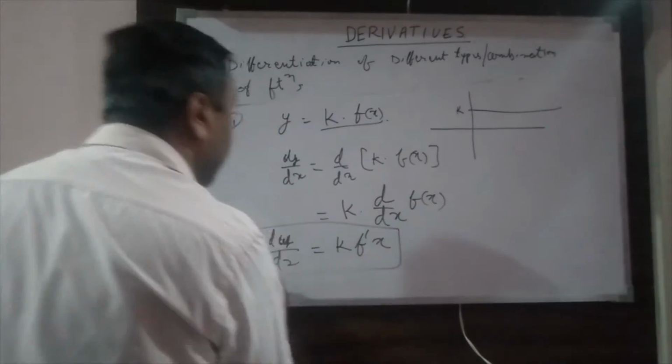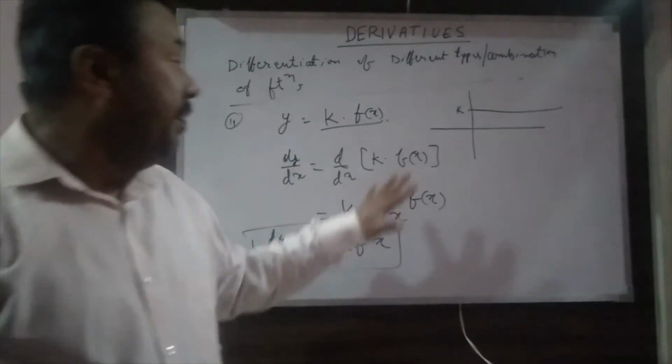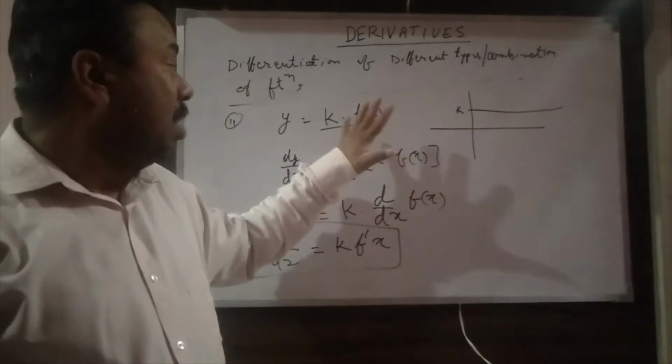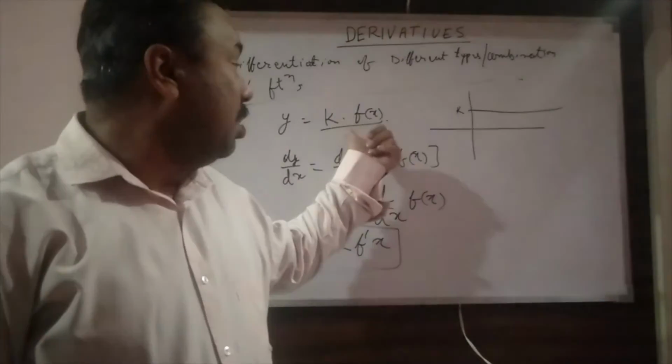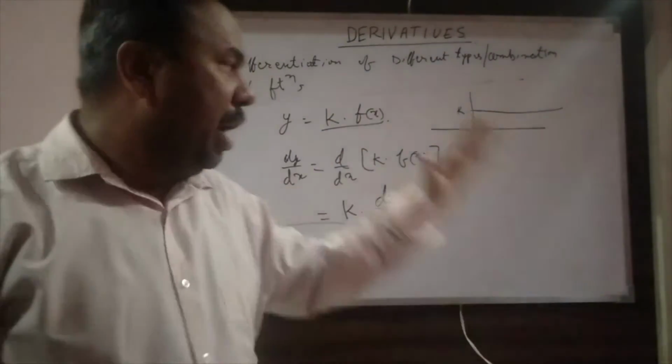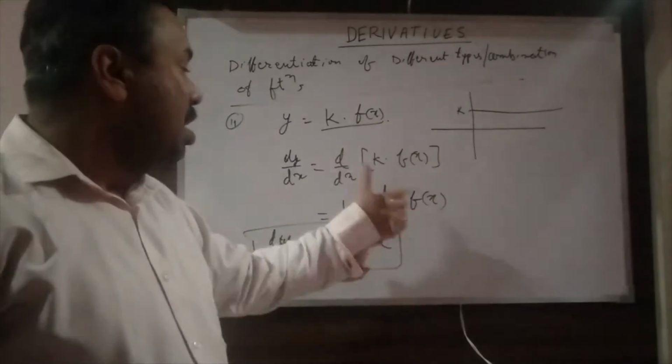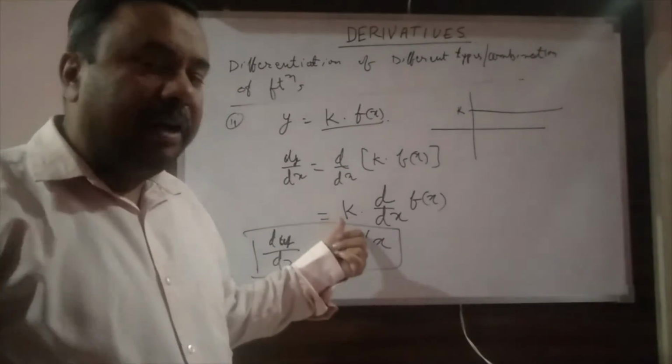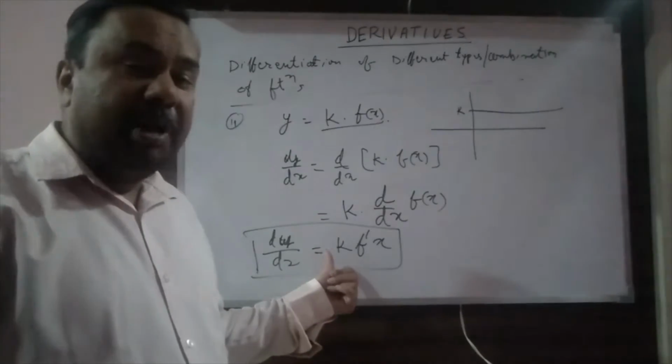This is the effect of a constant. If there is only a constant, the differentiation will be 0, and if the constant is multiplied by some other function, the constant can be taken out and it will be just k multiplied by f dash x.